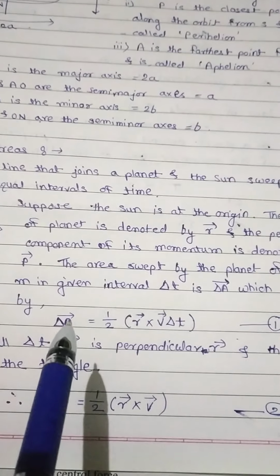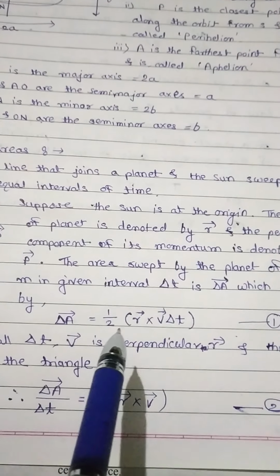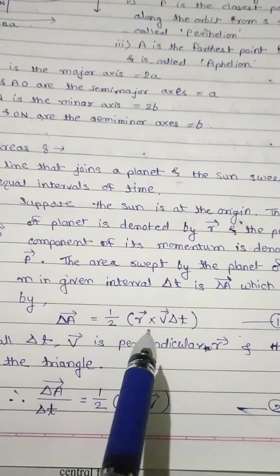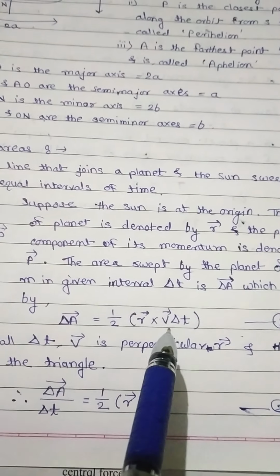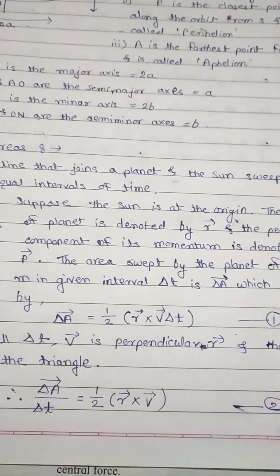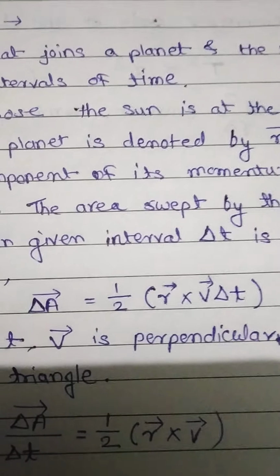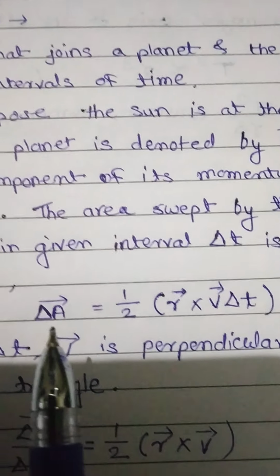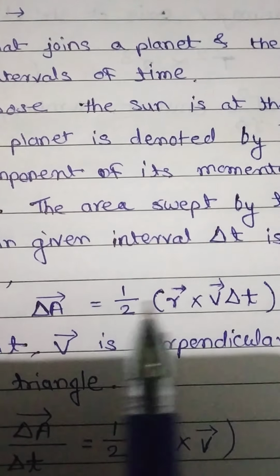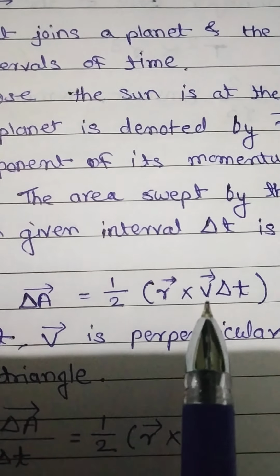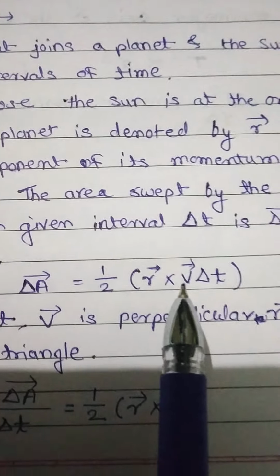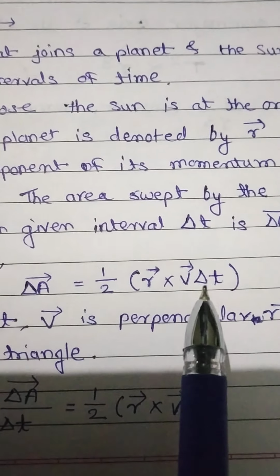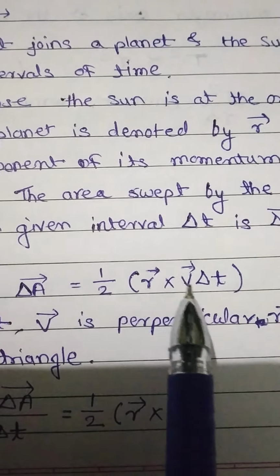So delta A vector is equal to half r vector cross v vector delta t. This is equation number 1. In this formula, delta A is the small area, r vector is the position vector, v is the velocity, and delta t is the small time period.